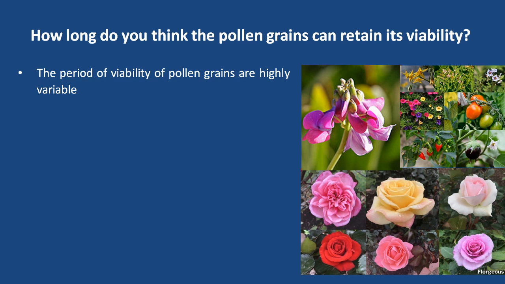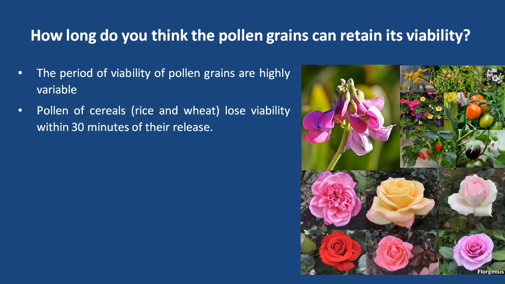Different plants are having different pollen grains, and their survival is different. Say in case of wheat and rice, their pollen grains can survive, or remain functional, for half an hour or 30 minutes after their release.